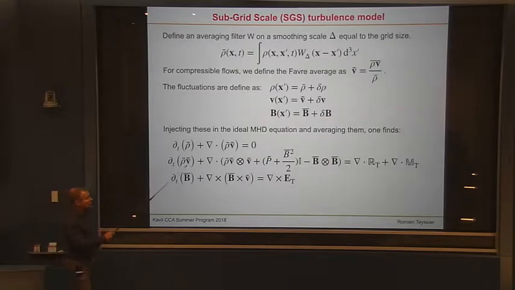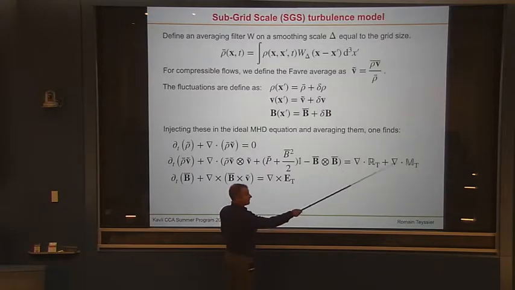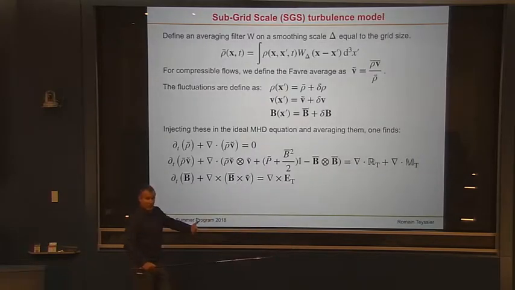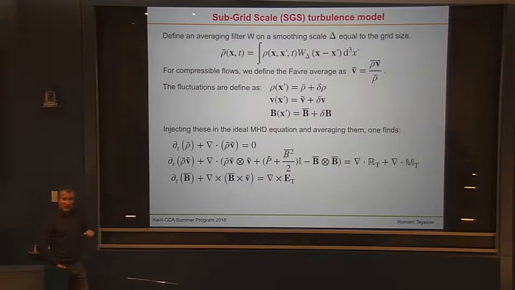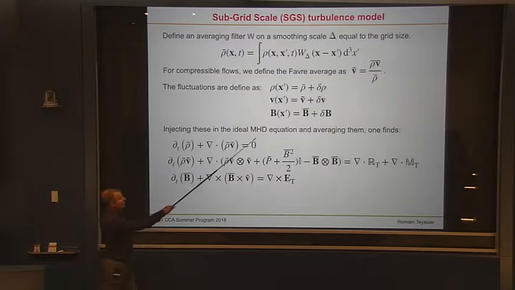Then momentum conservation will be the same as before, exactly the same as before with average values everywhere, except now you have new guys that pop up because of the averaging. And those new guys are due to the fluctuations. And I will show in a minute how they are defined. Same thing for the induction equation. The induction equation, if you take the average of the induction equation after injecting this and this in it, you have the induction equation of the average quantities.